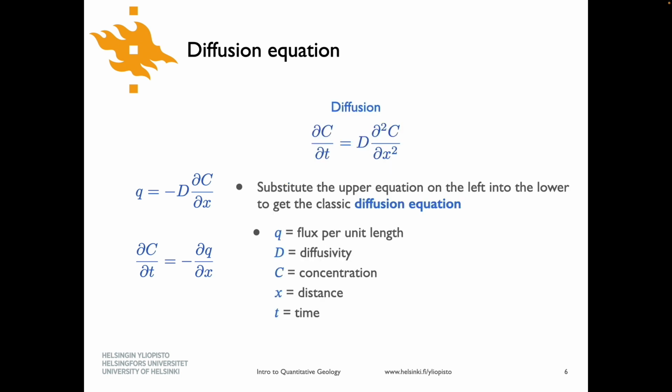And what you can see here is that we have one equation that says Q equals this, and then we have a dq/dx term, so we can substitute in the Q here, which then ends up being the second derivative of the concentration, because basically if you take dC/dx and take the derivative of it, you get the second derivative, which is then the curvature, if you want to think about it that way.